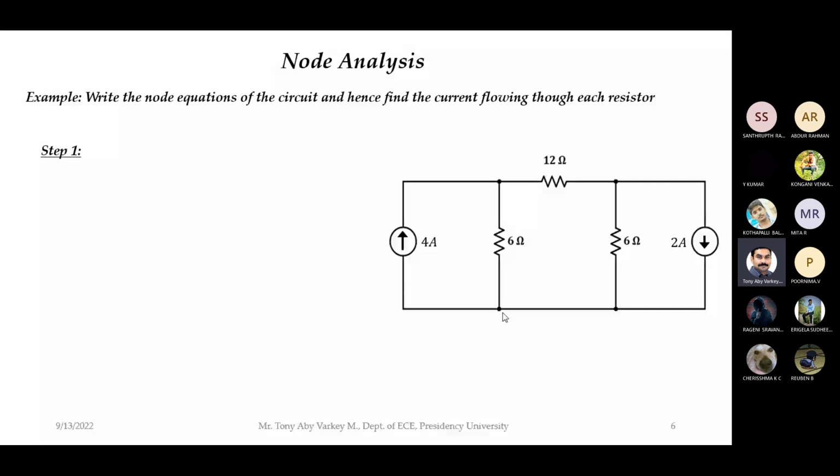Can you tell me how many principal nodes are here? Take some time and identify how many principal nodes are there. I want principal nodes. How many principal nodes are there?